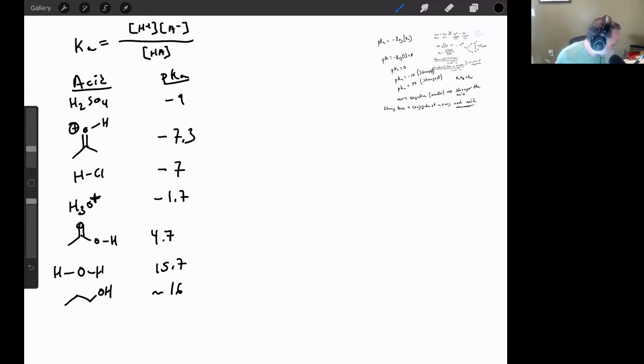What about, let's see, let's do an alkyne. How can I make an alkyne an acid? Well, if you pop off that proton, and it's a proton donor, then you would act as an acid. So the last one I would write down would be ammonia, NH3. It has a pKa of approximately 38.